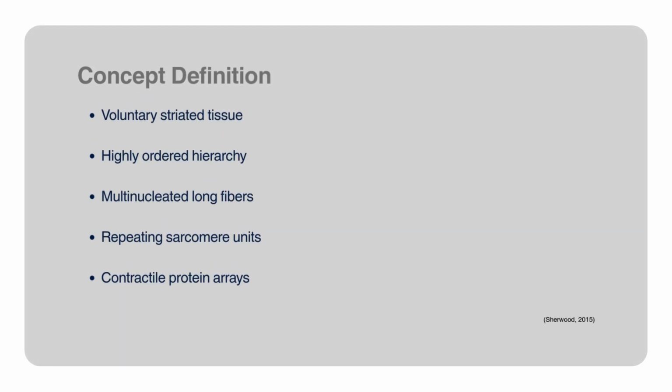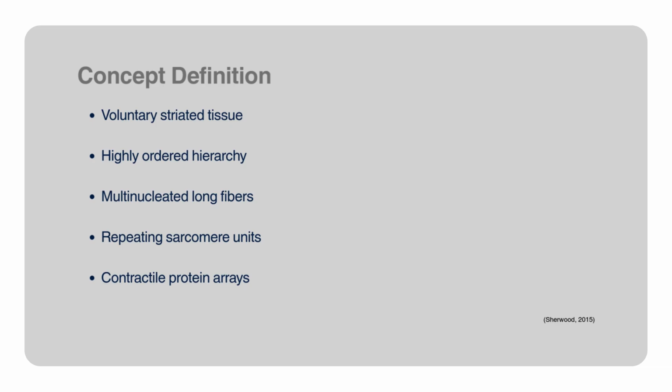Our concept definition: skeletal muscle is a voluntary striated tissue, meaning we consciously control its contractions, and it displays a banded pattern under a microscope. This tissue is built from extremely long cells called muscle fibers. Those contain multiple nuclei because they originate from the fusion of many precursor cells.